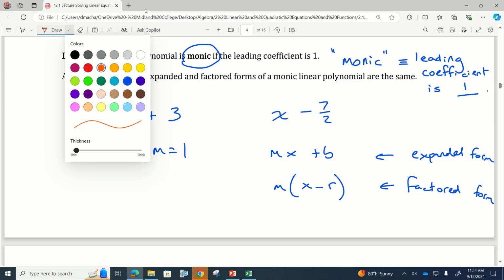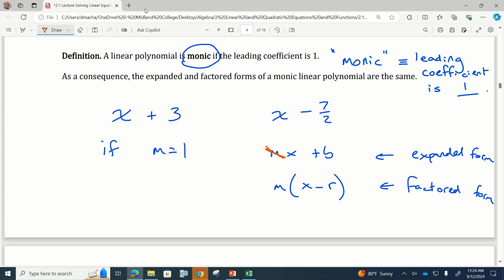Imagine m is the number 1. You don't have to write it if it's just a positive 1. Multiplying by 1 doesn't do anything. And then you don't have any reason to keep these parentheses, if you're not multiplying by anything. So you just have x plus or minus a constant. And that's what I mean when I say the expanded form and factored form is really the same if you have a monic linear polynomial.